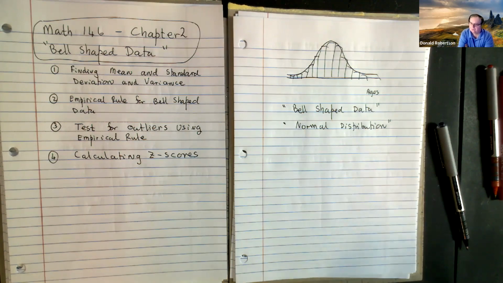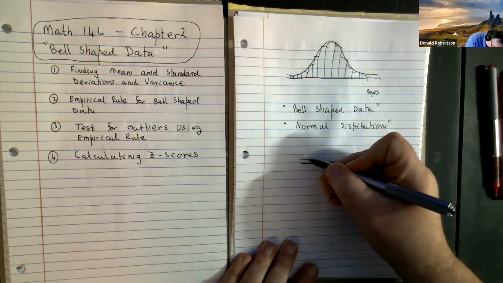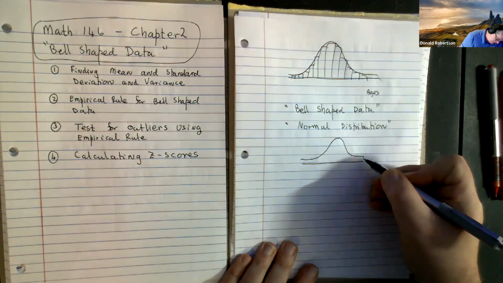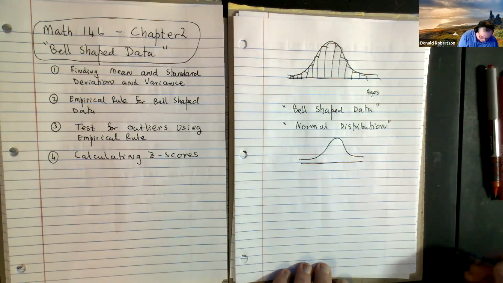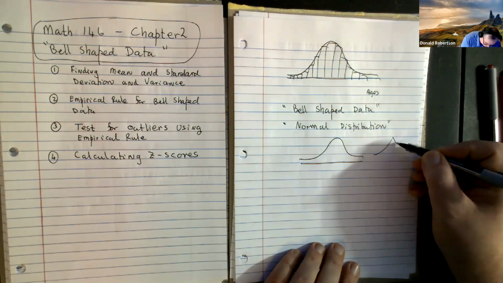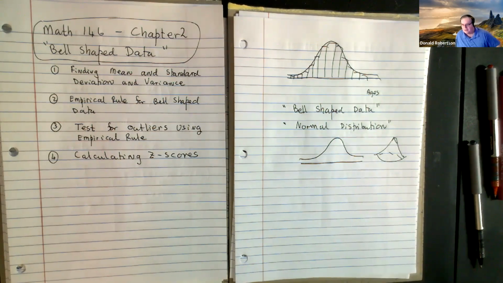Or vice versa. I kind of like the name bell-shaped. I mean, it kind of looks like a bell, doesn't it? You know, if I do that, which I'm not very artistic there, does that look like a very badly drawn bell? Right? It does look kind of like a bell, so bell-shape's a good name for it.